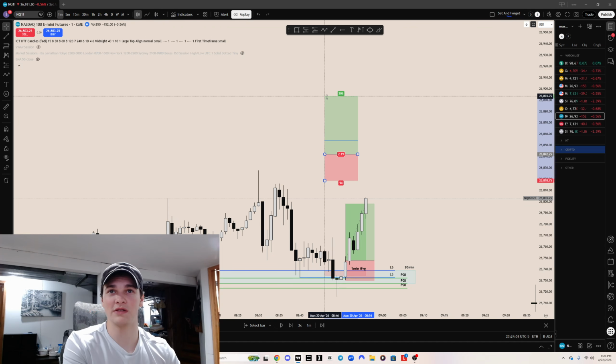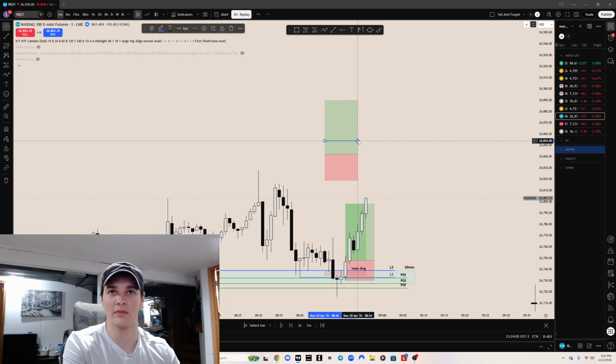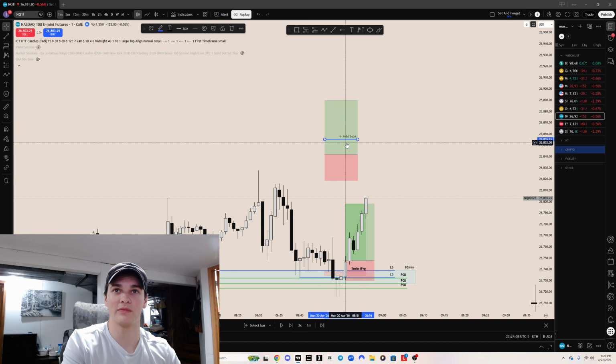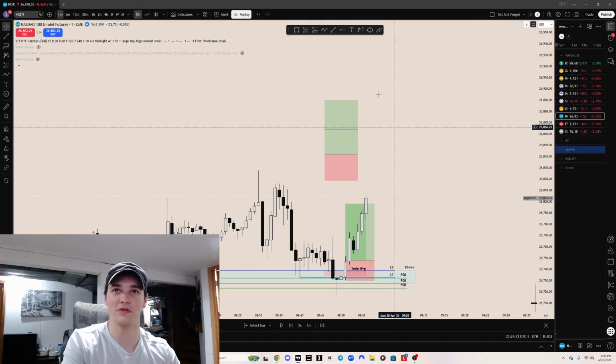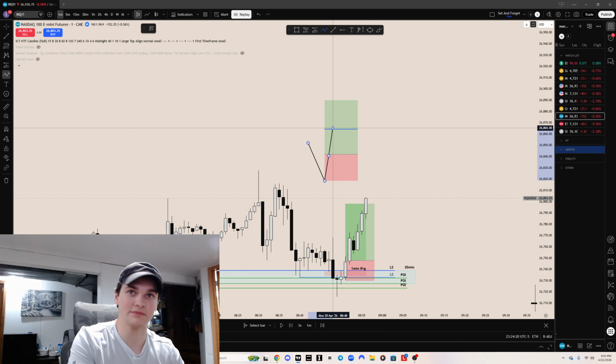Or if it's a 1-to-2, then you go break even after price gets to 50% of that 1-to-2. So if you buy in right here, and price taps into this, then you go break even once this level's hit.